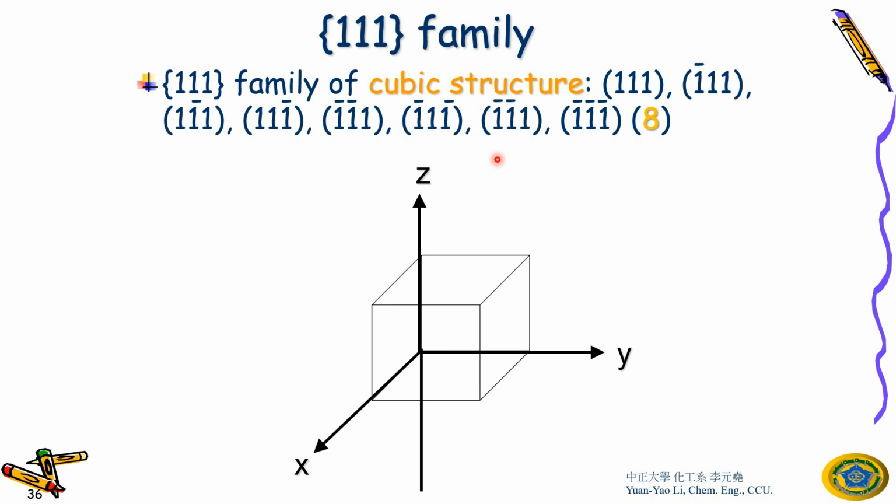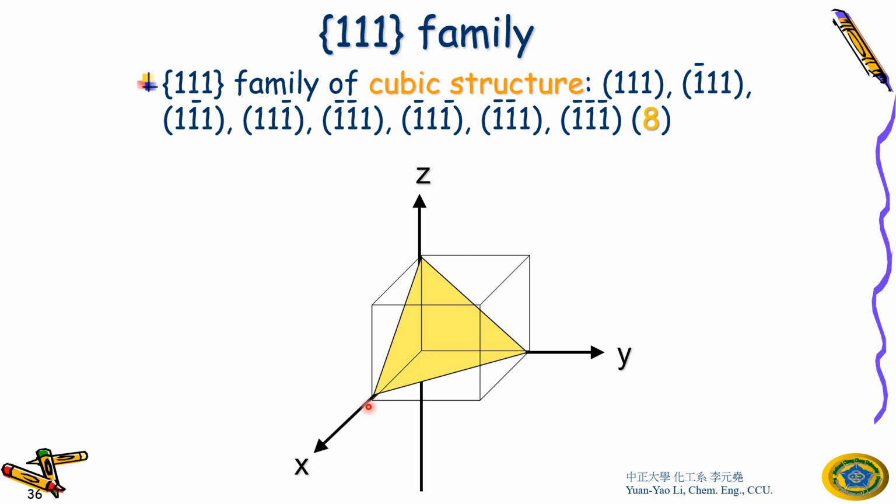How about 111? How many members are in the family, curly bracket 111 curly bracket? If you talk about 111, that'll be here, right? That'll be this one. This is called 111. So how many members? Again, if you think of this, there are 4 members above the XY axis.